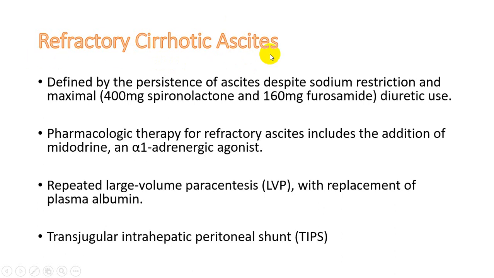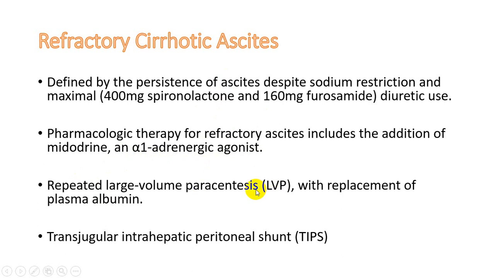So, refractory ascites is defined as persistence of ascites despite sodium restriction and maximum dose of diuretic. At this point, we can add another pharmacotherapy, which is midodrine, an alpha-1 adrenergic agonist. If no response, then we go to more aggressive therapy by repeated paracentesis.